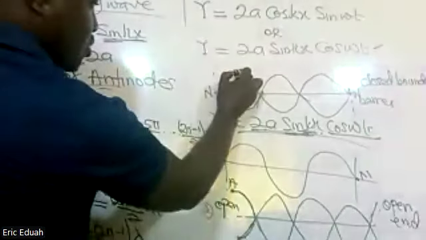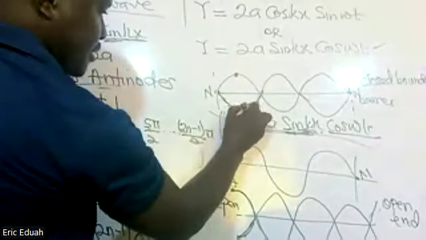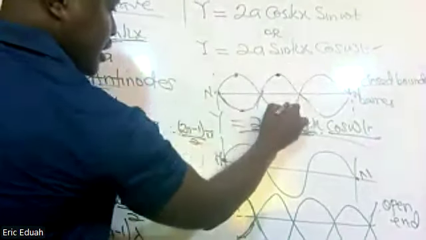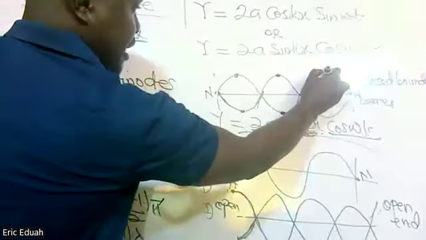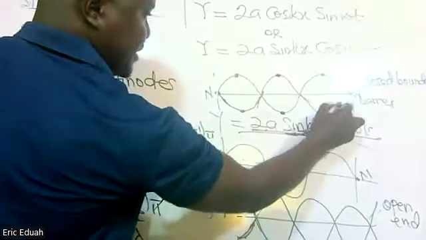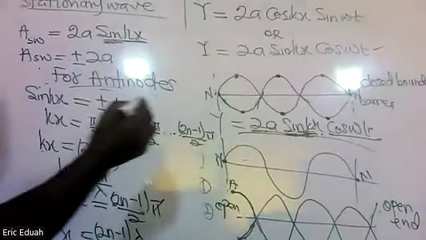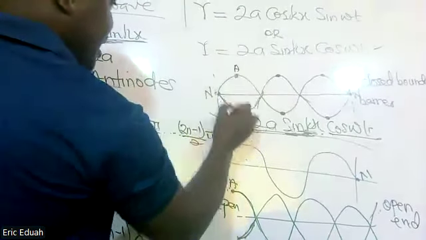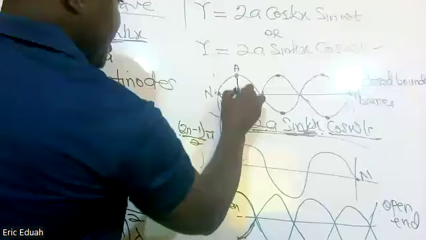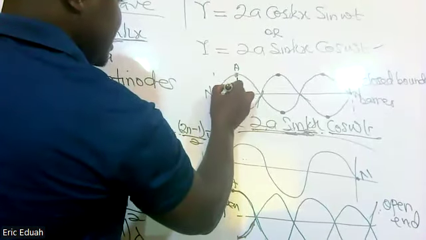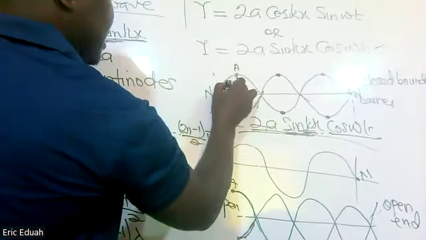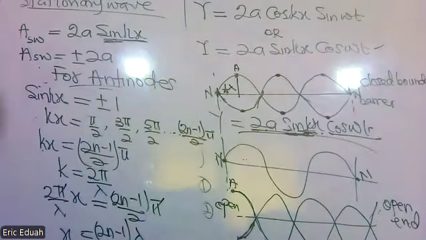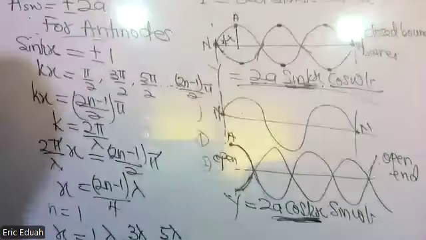An antinode will be formed here, here, here. Let's even pick just 3. From node to antinode, the distance in terms of wavelength is quarter lambda. So it matches the first value we had.